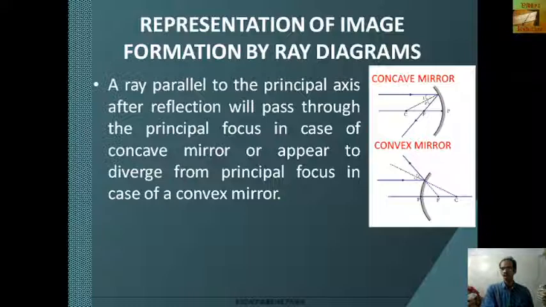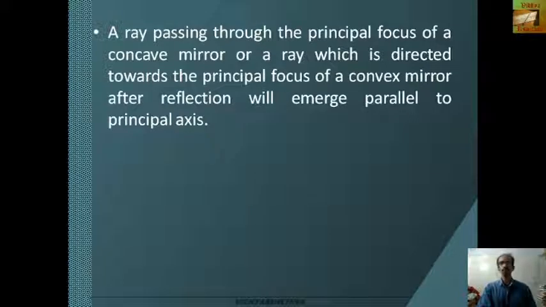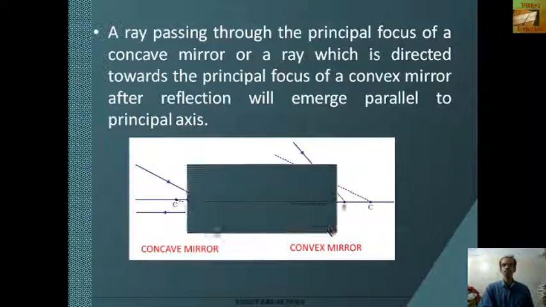And here, F is the point from which the divergent rays appear to come. Now the second point is a ray passing through the principal focus of a concave mirror or a ray which is directed towards the principal focus of a convex mirror, after reflection will emerge parallel to the principal axis.